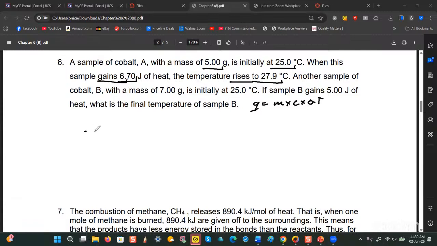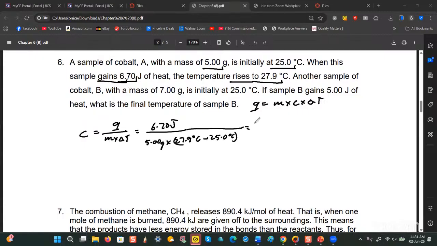So C, which is the specific heat, would be Q divided by M times delta T. So Q is 6.70 joules divided by the mass, which is 5.00 grams, times delta T, which is 27.9 degrees Celsius minus 25.0 degrees Celsius.